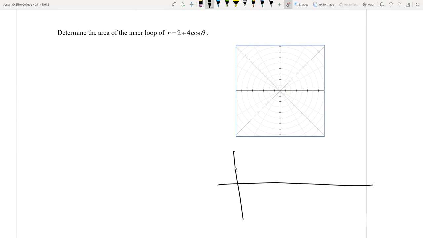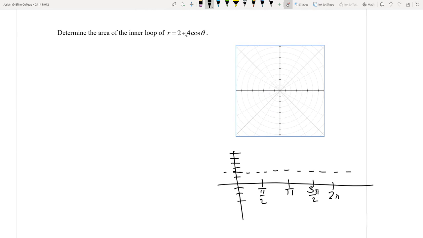So we start out with the midline at 2. And here's our midline here. And then we're looking at a regular period all the way up to 2 pi. So we've got pi here, pi halves, and 3 pi halves.